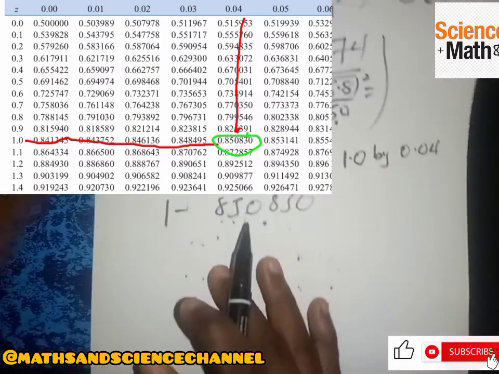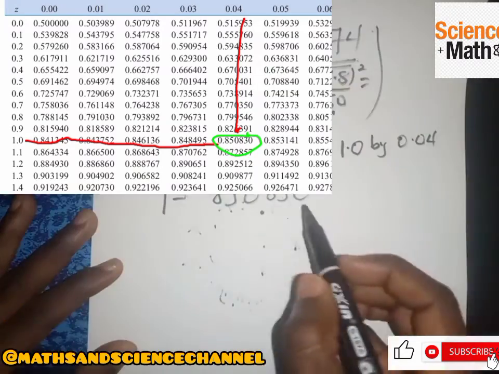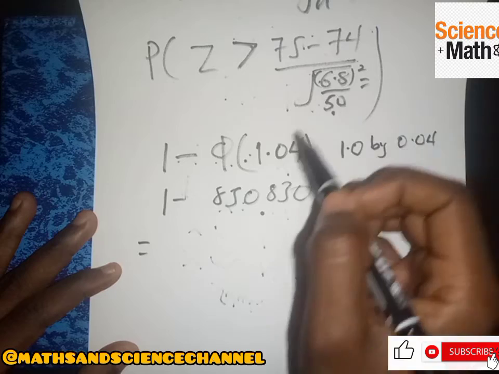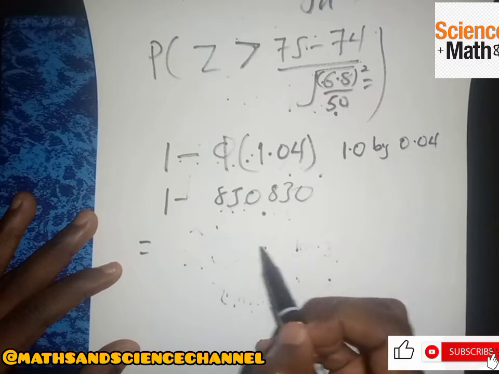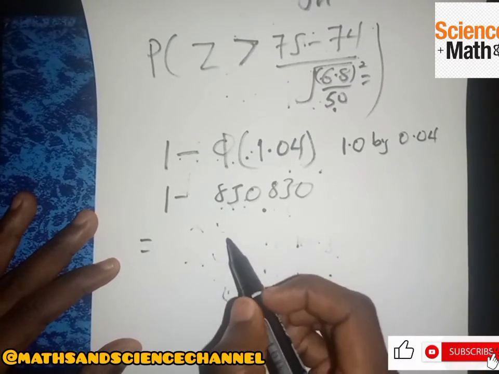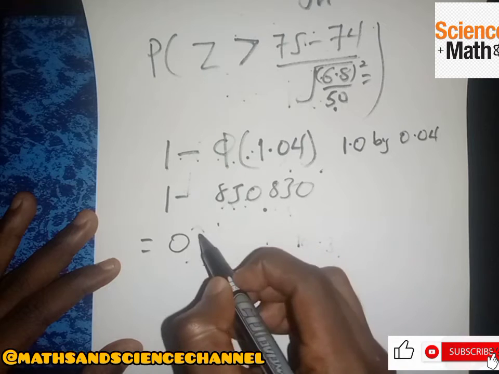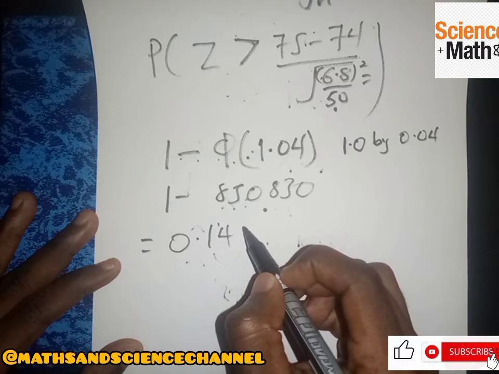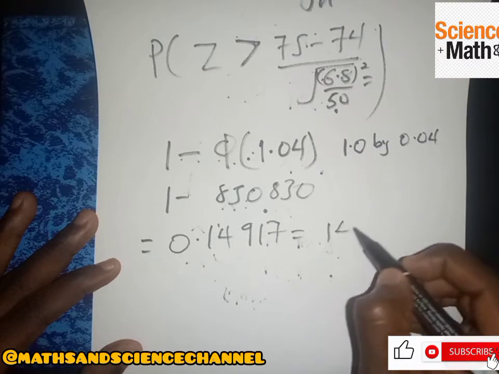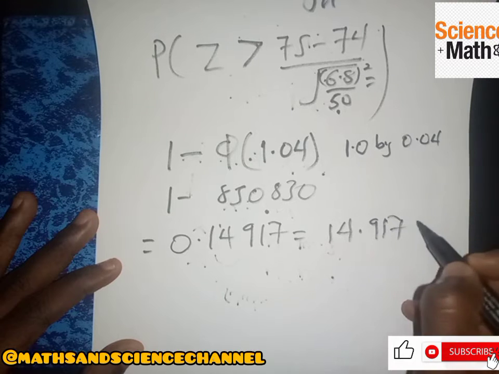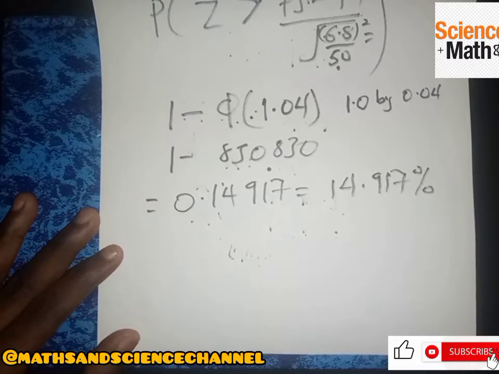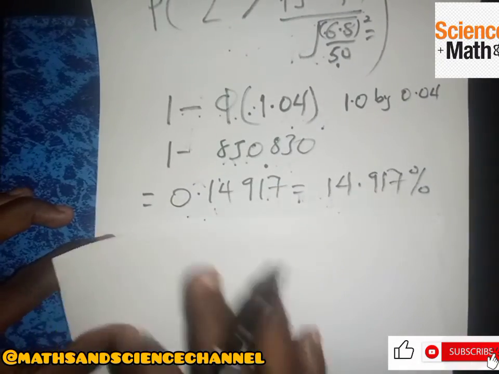You can also use a calculator, and if you use R, it's straightaway going to give you the answer. But when you use the table, you get this, and from there you can subtract and get the final answer. When we subtract that, we get 0.14917, which is just 14.917 percent.